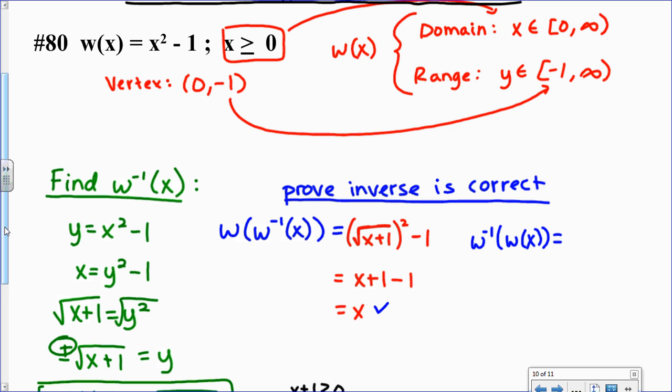Now the other way. So plug the original into the inverse. You're just adding after the parentheses, so you can drop the parentheses.